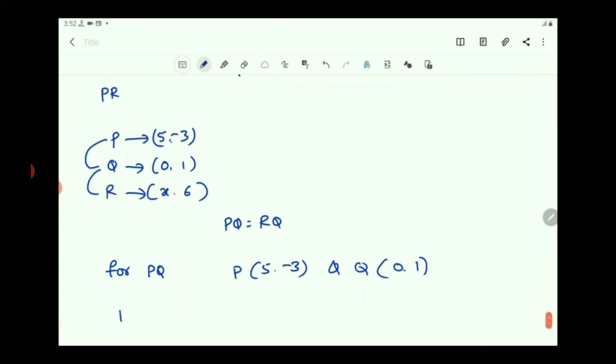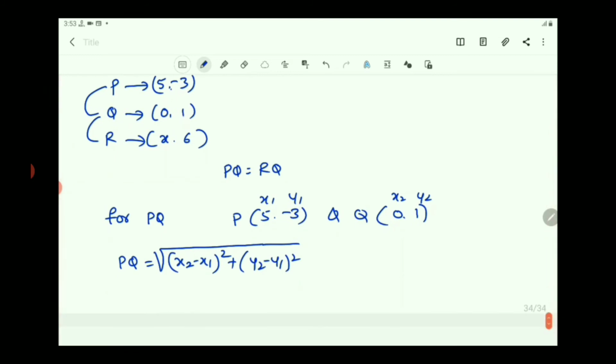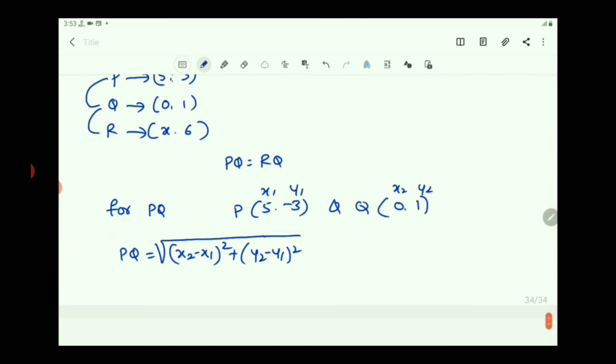So PQ equals what? PQ equals square root of (x2 minus x1) whole square plus (y2 minus y1) whole square, where this is x1, y1 and this is x2, y2. And PQ equals, what is that?